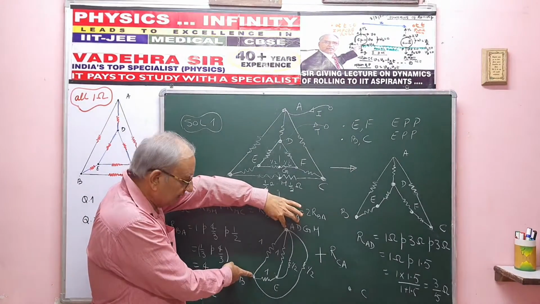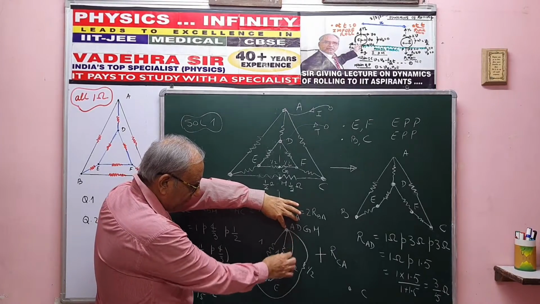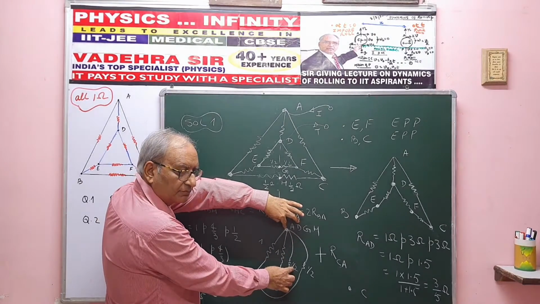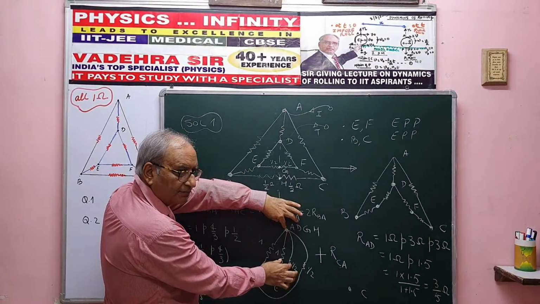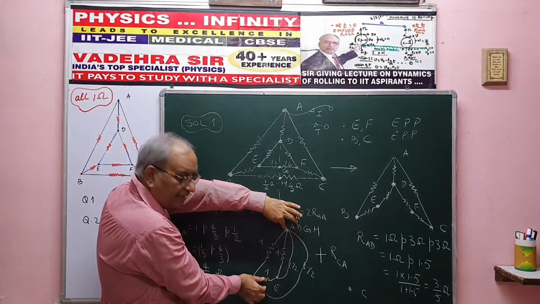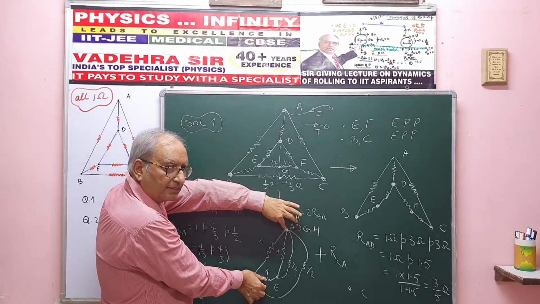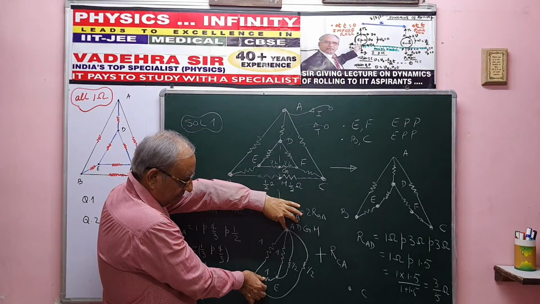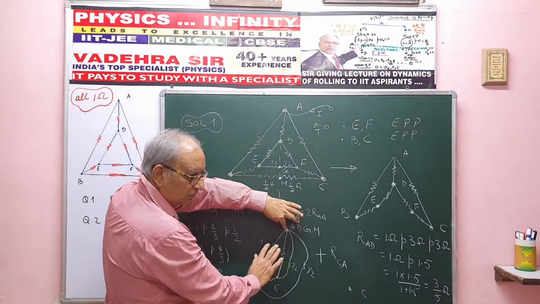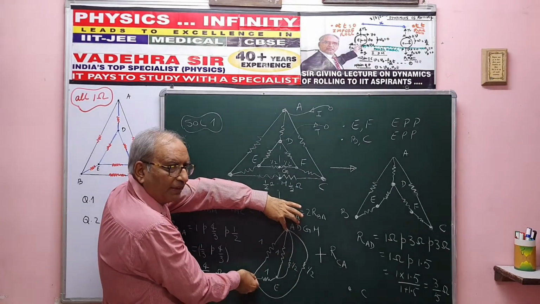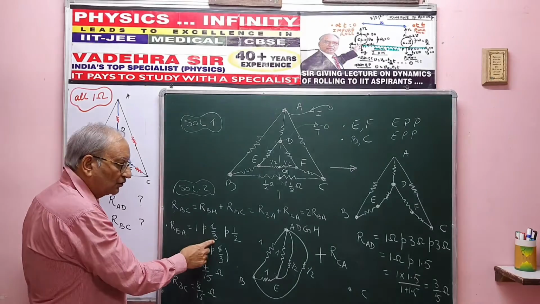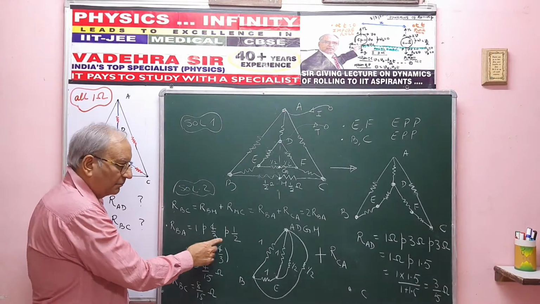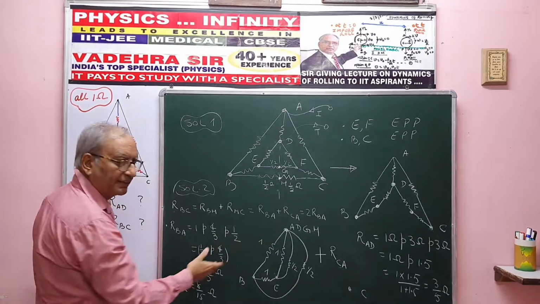So RAB 1, then this one 1.5 parallel, 1 into half upon 1 plus half becomes 1 by 3. 1 by 3 series with 1 becomes 4 by 3, and this is half. So technically between these 2 points I have 1 ohm parallel to 4 by 3 parallel to half. Solve it out.